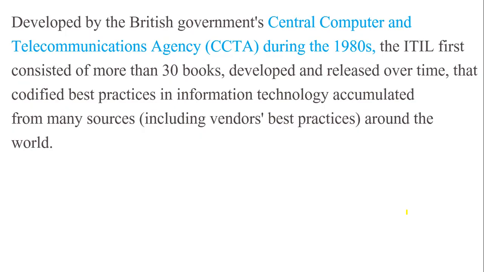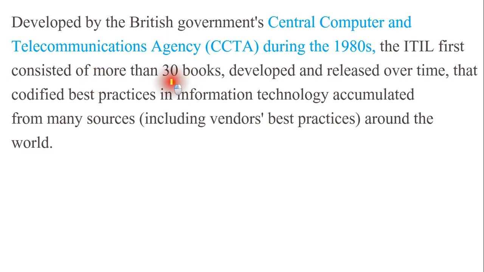So guys, ITIL was developed by the British government's Central Computer and Telecommunication Agency, known as CCTA, during the 1980s. ITIL first consisted of more than 30 books.